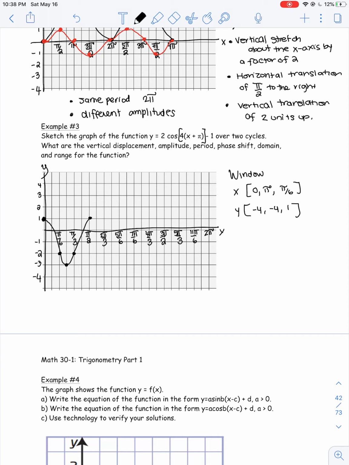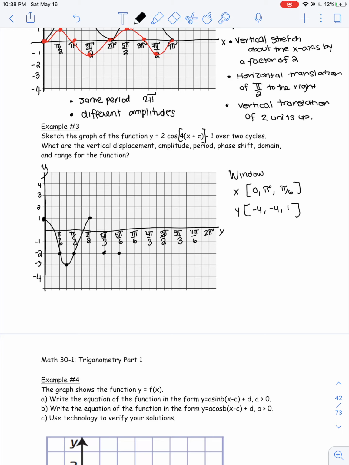So all of these values you'll notice that it does repeat itself. So 2 pi divided by 3 gives me -2 again.